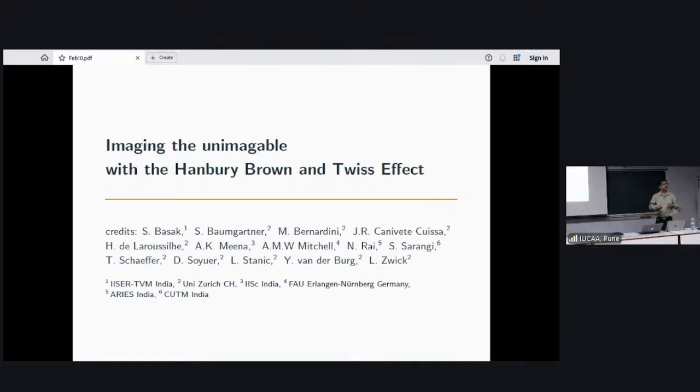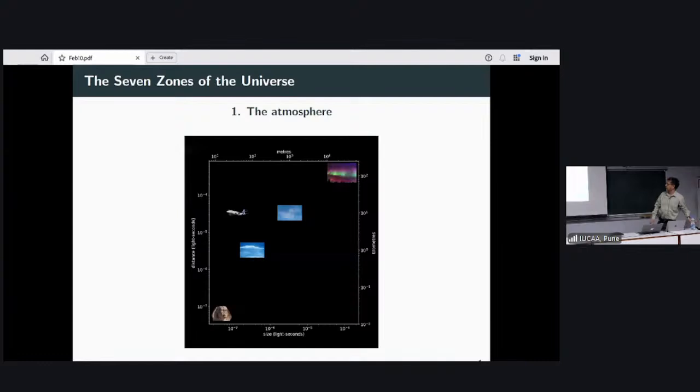So I need to explain the title. What do I mean by imageable and unimageable for the purpose of the story? Well, let me show you a little animation inspired by XKCD. There's an XKCD item called Height.